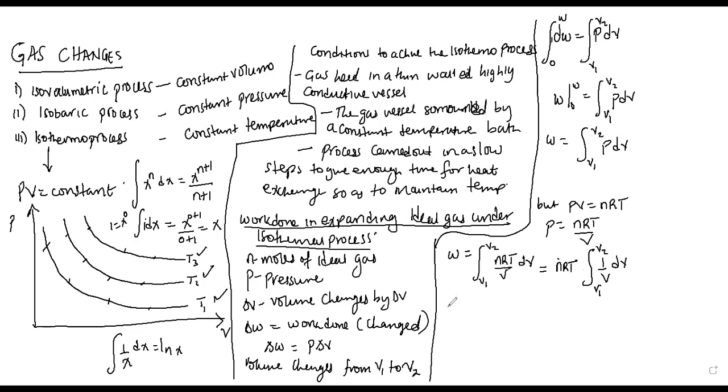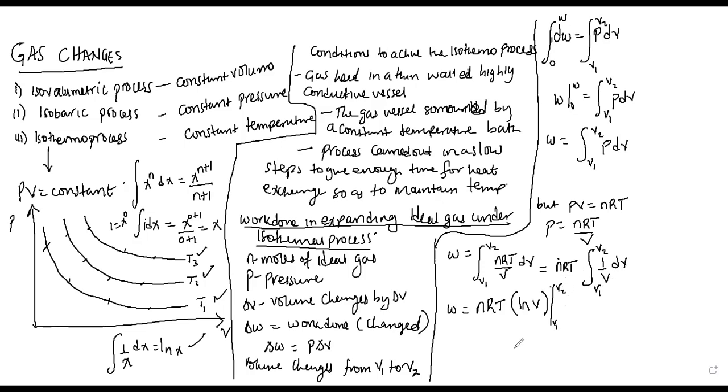So with this, we shall get work done is equal to, when I integrate 1 over V, I'll get natural log. So this is nRT, natural log of V, from V1 to V2.